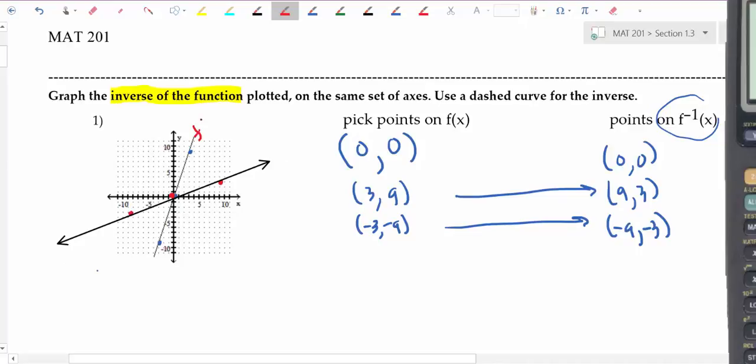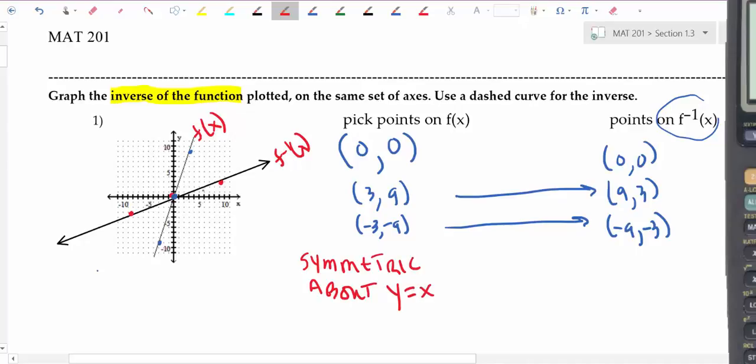So this is f of x. That's what I gave you. That's f inverse of x. Now let me ask you if you remember this: that is symmetric. Do you know how it's symmetric? Good, y equals x. Exactly. So you might put a note there that these two things are symmetric about the line y equals x.